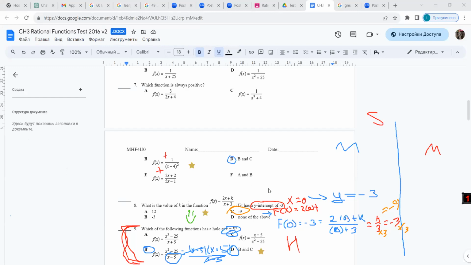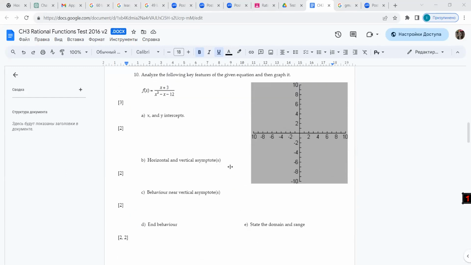Good job, guys. I see you're making progress. Now moving on. 10. This is my favorite one. It's, as for me, an essential of advanced functions because you have to remember all of these steps in order to sketch the graph properly.